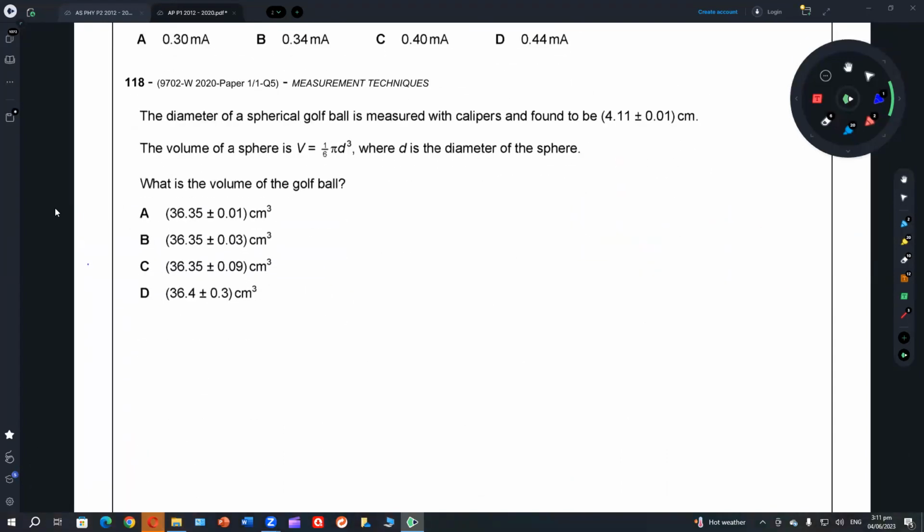The diameter of a spherical golf ball is measured with calipers and found to be this. The volume of the sphere is this, where D is the diameter. What's the volume of the golf ball? So let's work out the formula first. Here it is asking for the absolute value and the uncertainty both. 4.11.